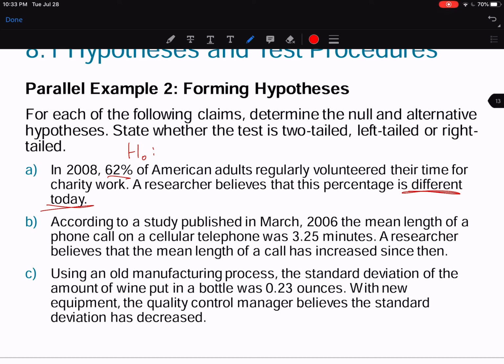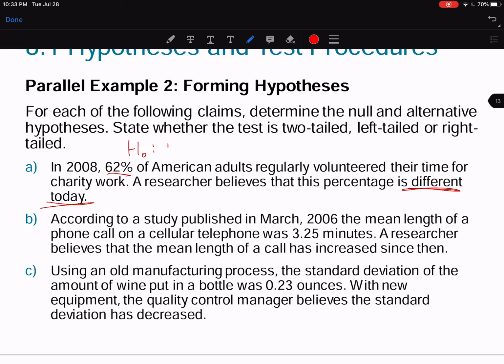So in this case, we're going to have p is equal to 0.62 for the null hypothesis, versus... Now let's look at the alternative hypothesis. The problem says a researcher believes that this percentage is different today. So we're talking about a difference. That means it could be greater than 0.62, or it could be less than 0.62. So anyway, it's p is not equal to 0.62.